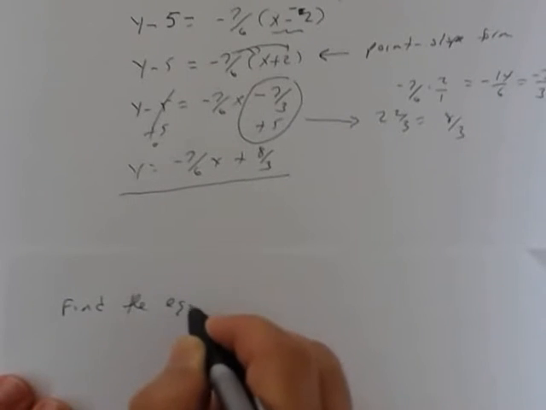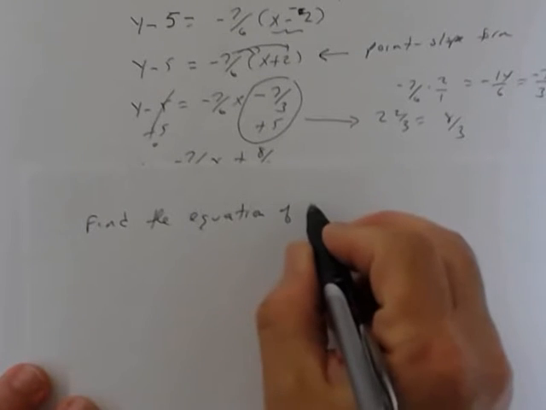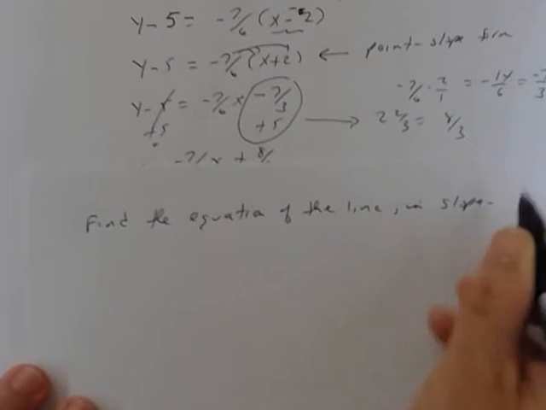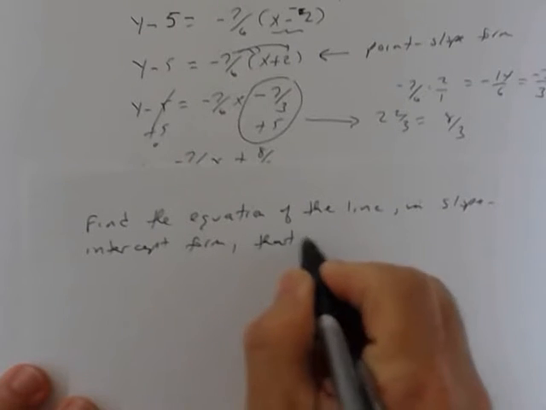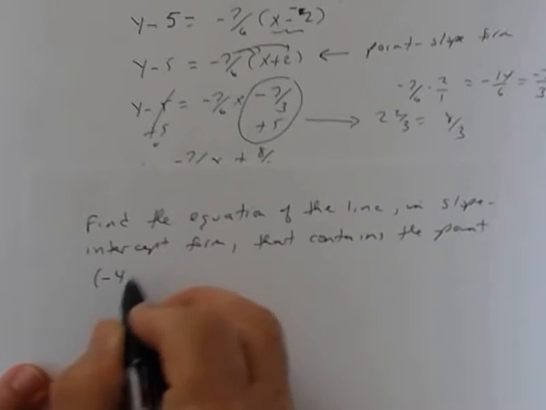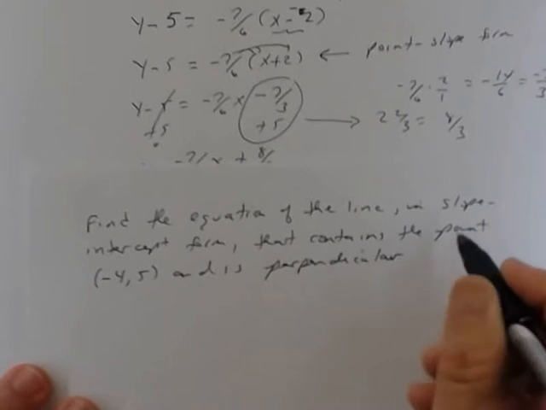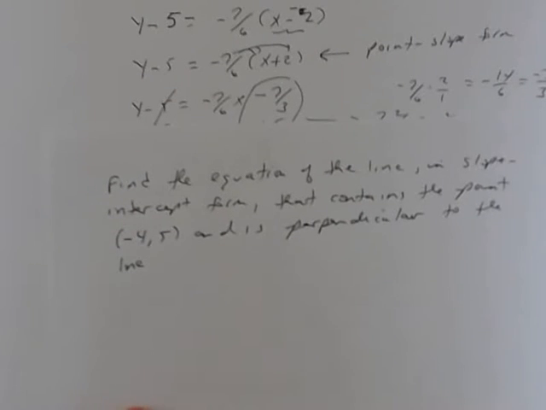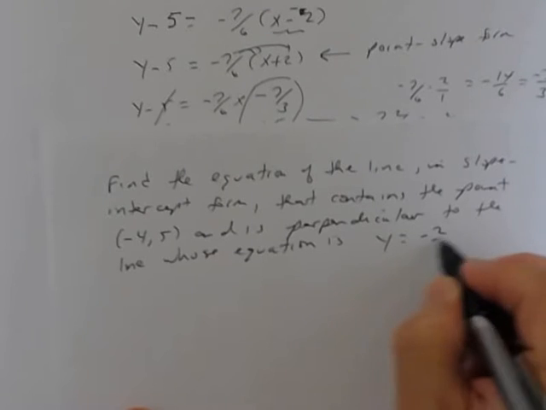Okay, and then the other thing you need to be able to do for test 3 is this. All right, find the equation of the line, and you want to write it in slope-intercept form, that contains the point negative 4, 5 and is perpendicular to the line whose equation is y equals negative 2/3 x plus 6.